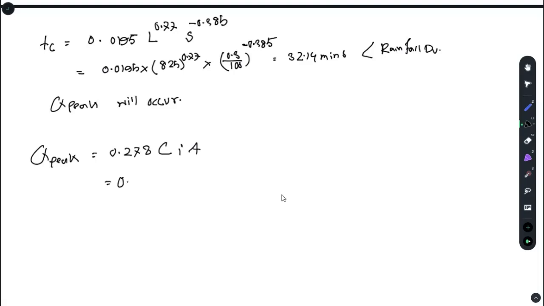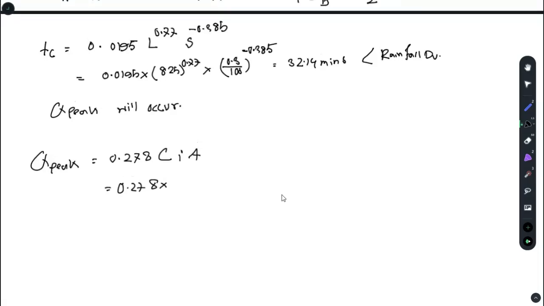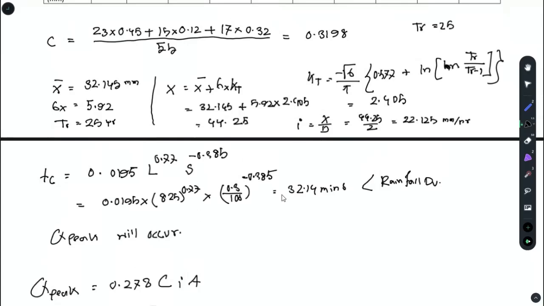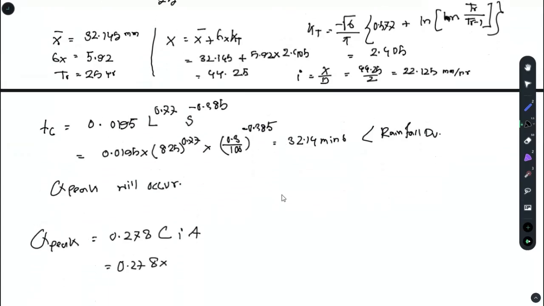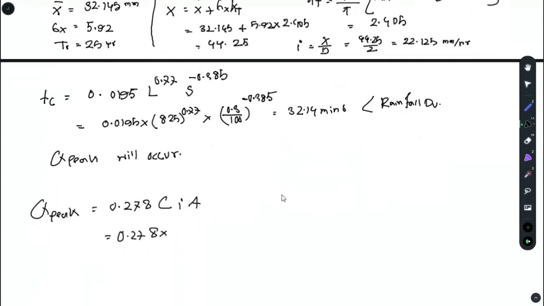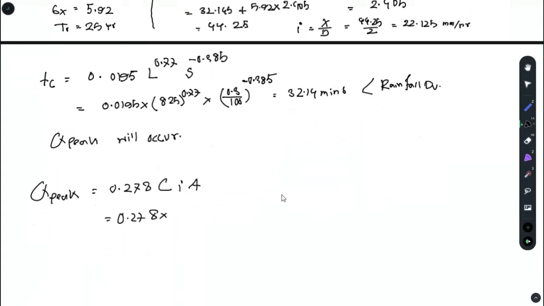Here, C is, as we found previously, 0.3198, and intensity was, as you can see, 22.125 millimeter per hour.